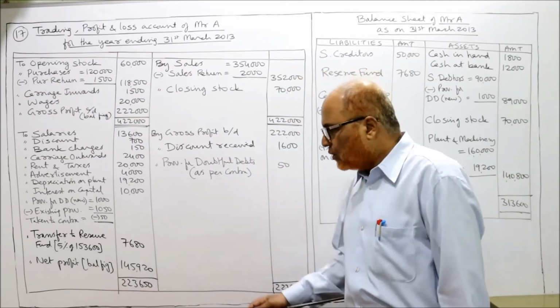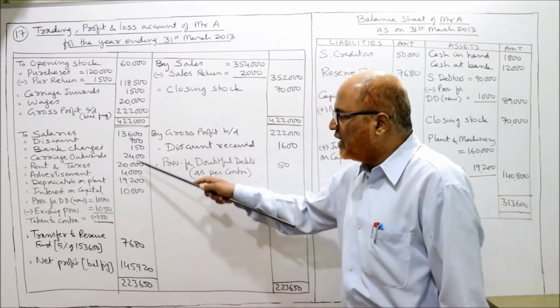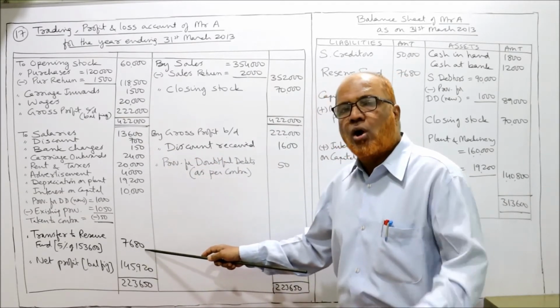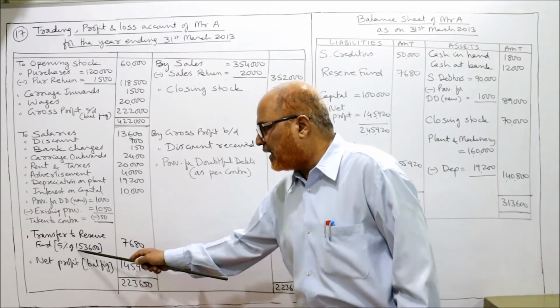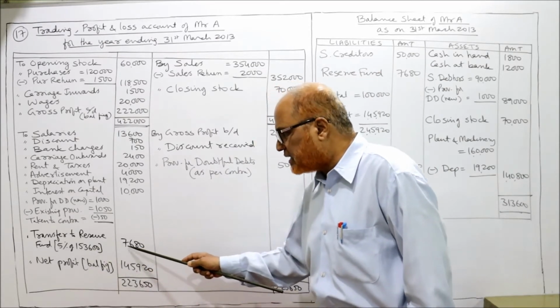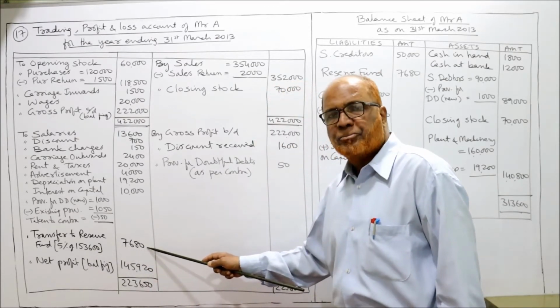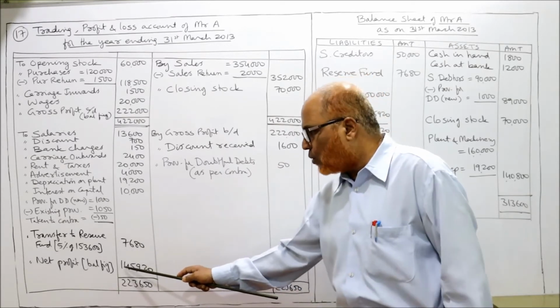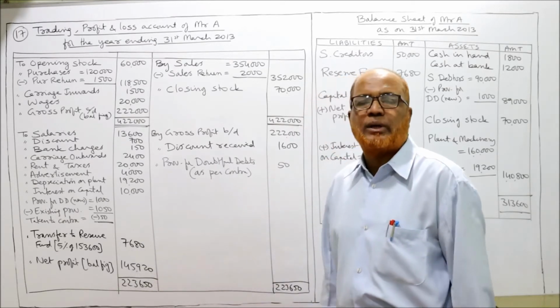Now from 2,23,650, subtract all the items including 7,680, or simply you calculate 1,53,600 minus 7,680. So after deducting 7,680, the net profit is 1,45,920.